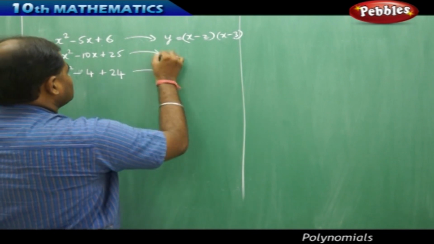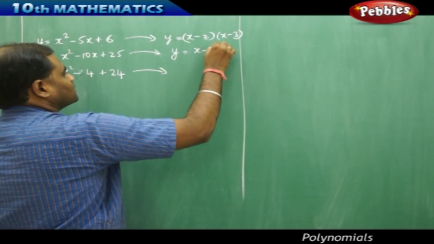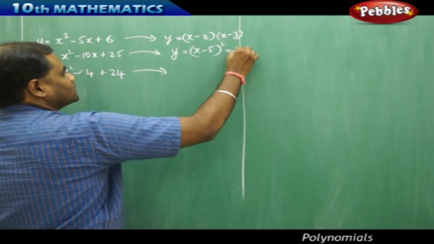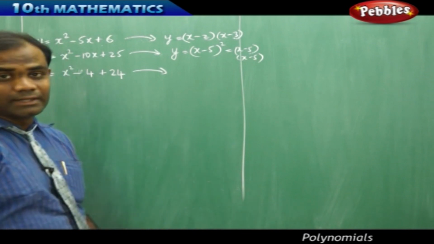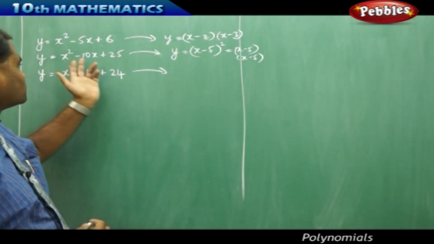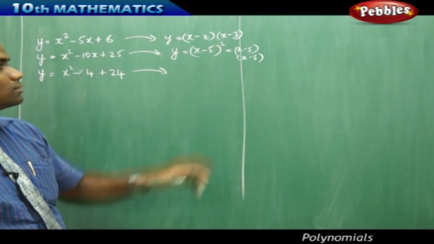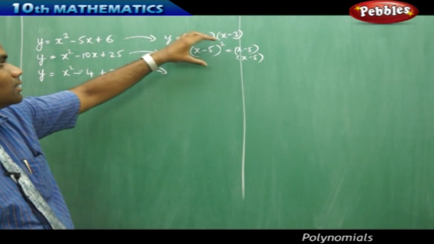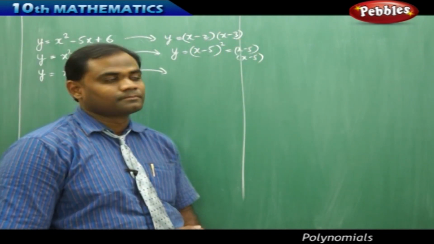When I take this parabola, I get this written in the form x minus 5 whole square, that is x minus 5 into x minus 5 repeated twice. So this is how I get it for this. When I use the formula a square minus 2ab plus b square, this reduces to a minus b whole square, that is x minus 5 whole square. Therefore, there are 2 factors, x minus 5 times x minus 5.